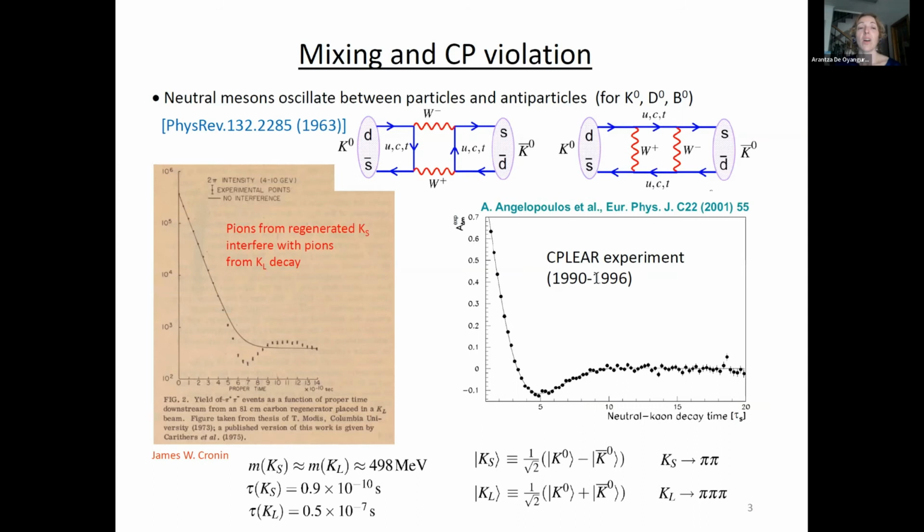Okay, so I'm not going to give too many details, but just remind you that neutral mesons oscillate between particles and antiparticles. In the Standard Model, they can do it thanks to the electroweak force, through these box diagrams. This happens for kaons, for charm, and also for the B system.